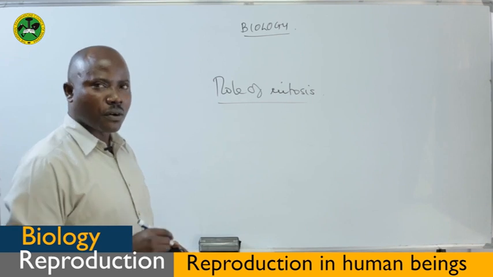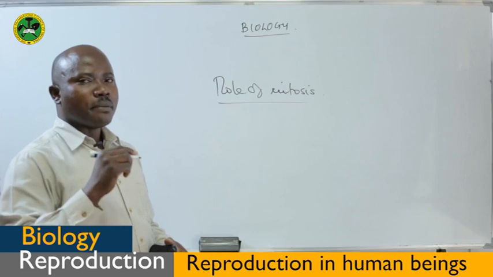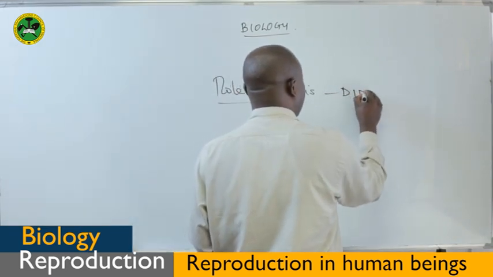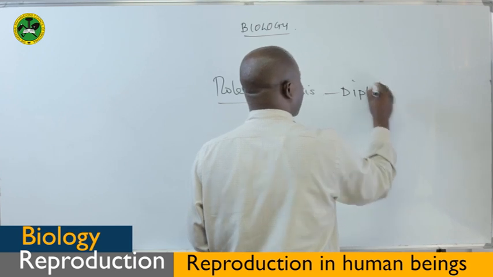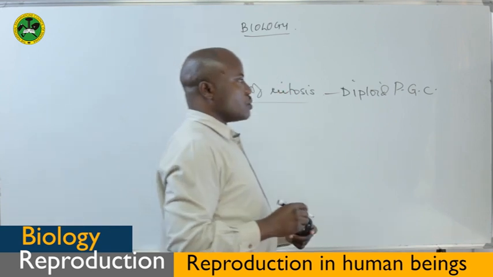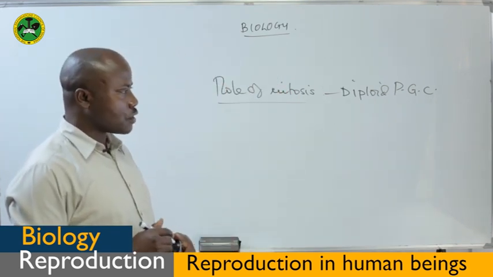As we said before, mitosis occurs in diploid primordial germ cells, which are in the seminiferous tubules or the Graafian follicle.